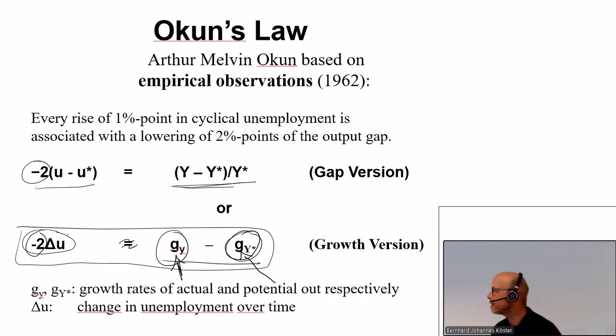And then if we write down this empirical finding, in the end we have this dependence, where the estimation found a parameter of 2, and in the growth version we also find a possibility to get out of this dependence between unemployment and economic growth a number for this hypothetical concept of potential growth.